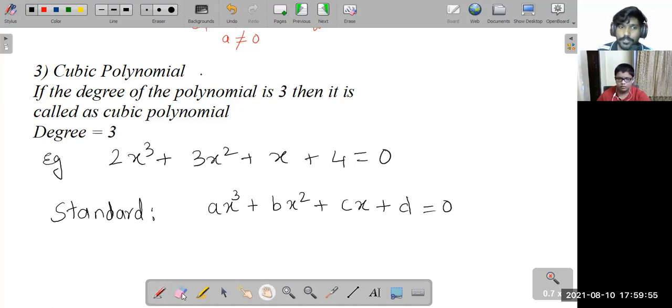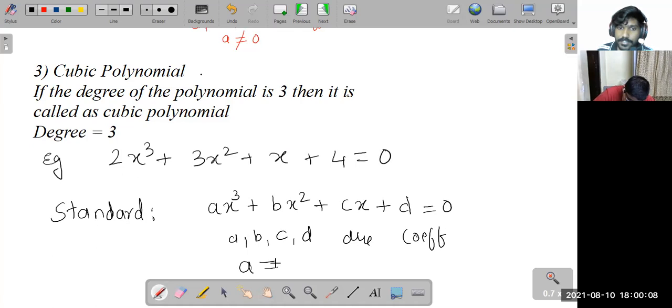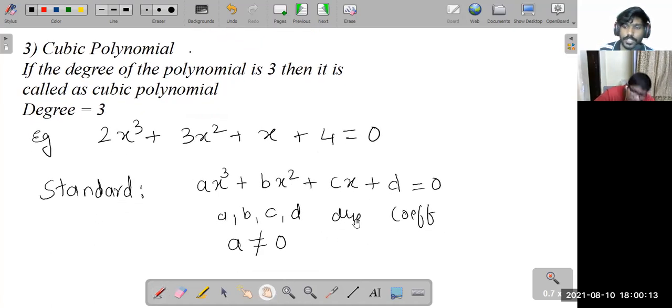This will be the standard form. Here a, b, c, d are coefficients, and again the same rule: a is never 0. The coefficient of the cube term will never be 0.